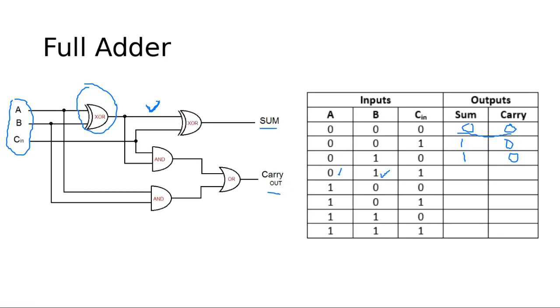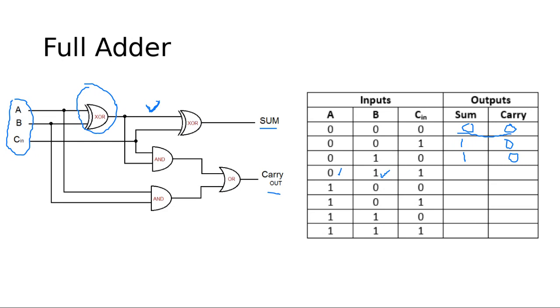But you have 1 carry bit. So think about 5 plus 5. What would you get? You get 10, right? 5 plus 5, you get 0, and the carry is 1. It is the same rules in the binary system. There is a 0, there is a 1. It means 0 plus 1 means 1, and you have 1 carry bit.